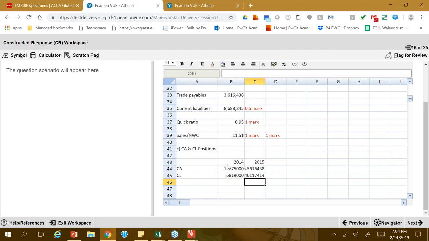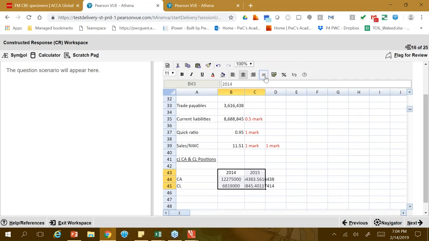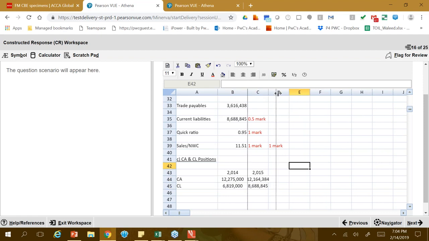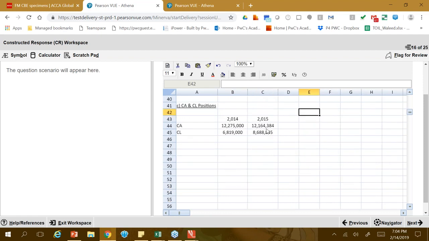So here is our analysis, or our comparison, basically, of the current assets and current liabilities position in 2014 and 2015. Is there any ratio which I can do here to help me in this analysis? Is there any ratio which takes into account the current assets and current liabilities?